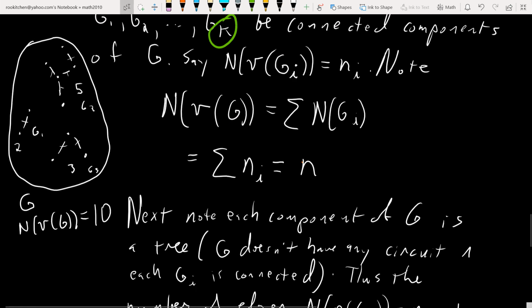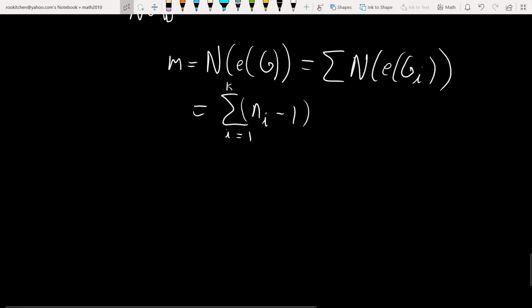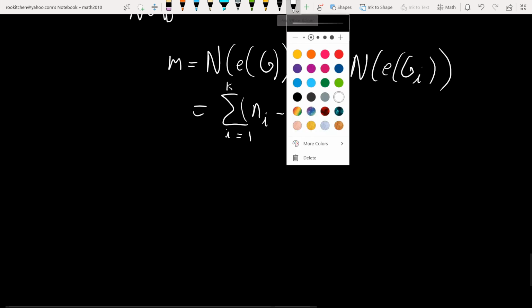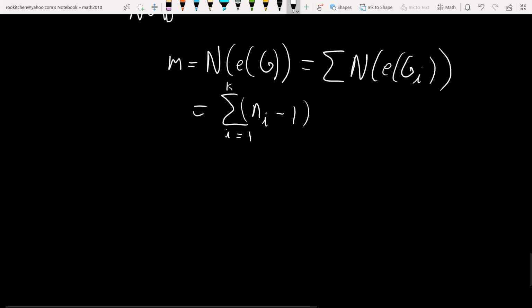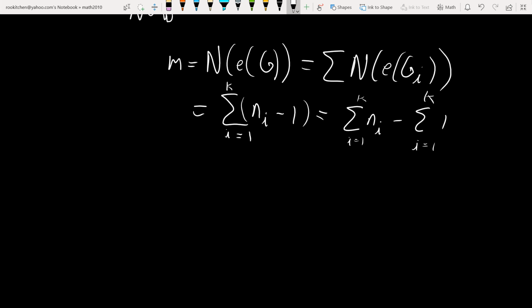What we have here is a finite sum, so we can separate it. We could say that's the same as the sum of these n sub i's minus the sum of 1, again going from i equals 1 to k. That first term is just the sum of the number of vertices on all the little components, and we said that the sum of the vertices on the components equals the number of vertices on the overall graph, which was n.